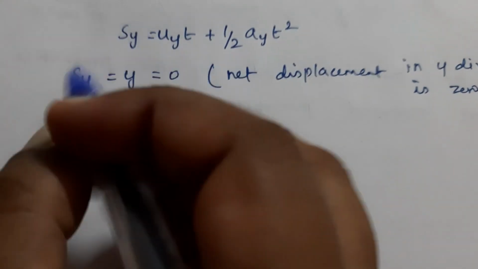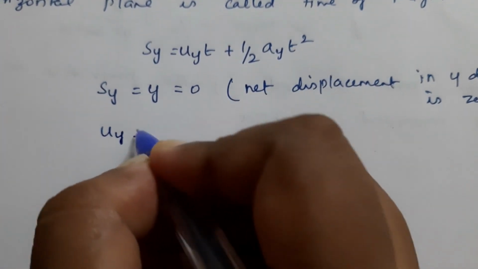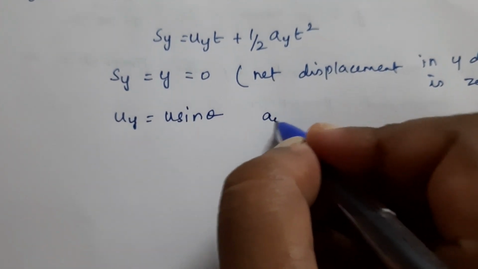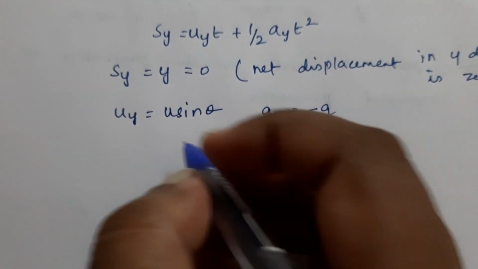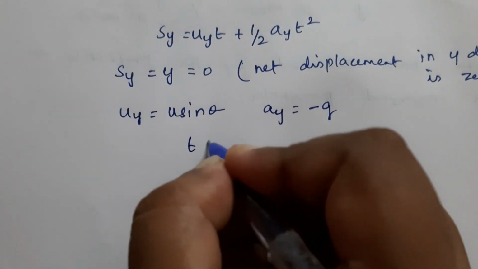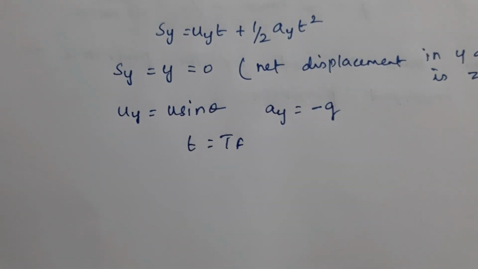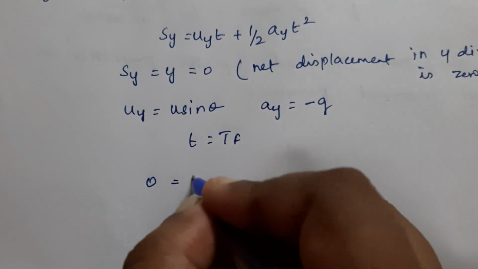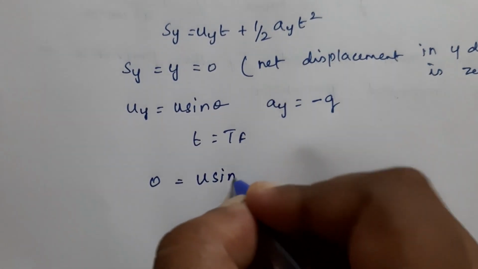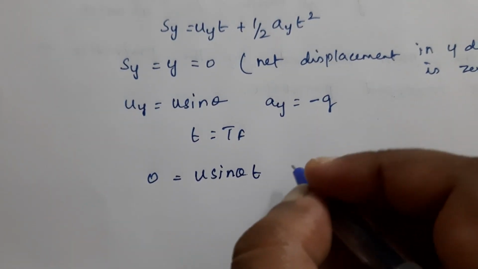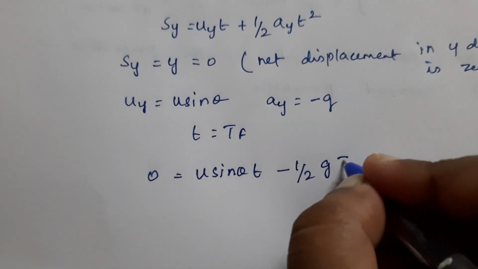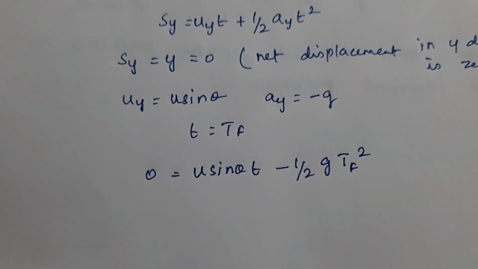Then we know Uy is equal to U sin theta, and Ay is equal to minus g. And your t is equal to the time of flight Tf. So substituting all these here: 0 is equal to U sin theta into Tf minus half g Tf square.